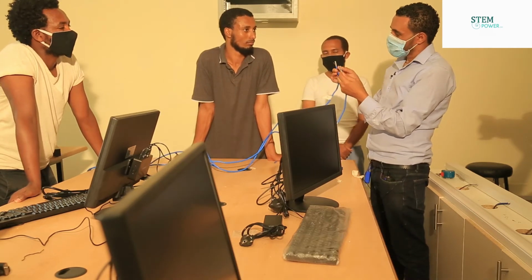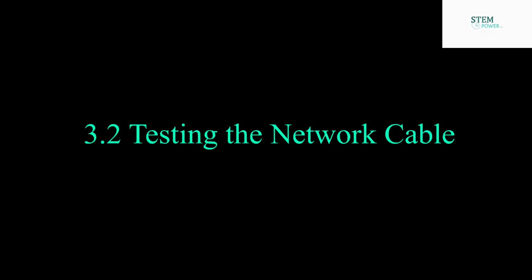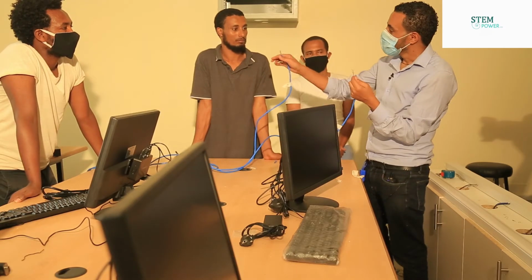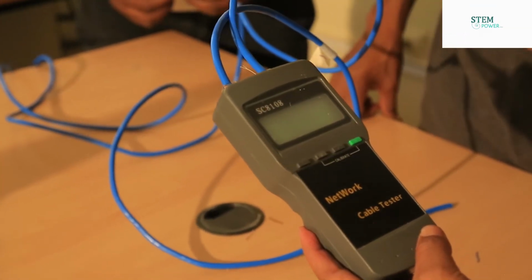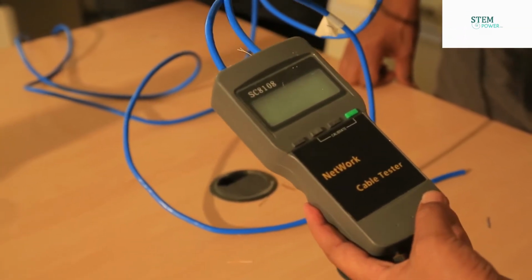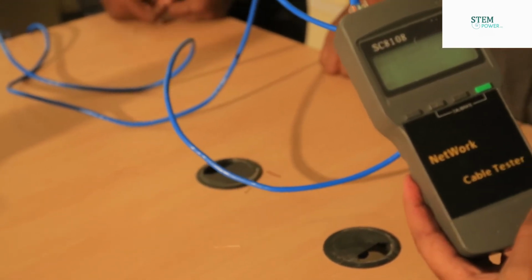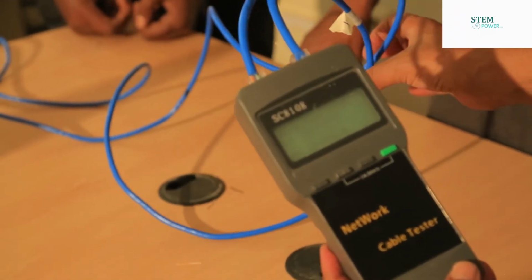After crimping, we have to test the cable. In order to test the cable, we need a tester. On this tester, first we have to test whether it is crimped correctly or not. For example, in my case, here it says pass.